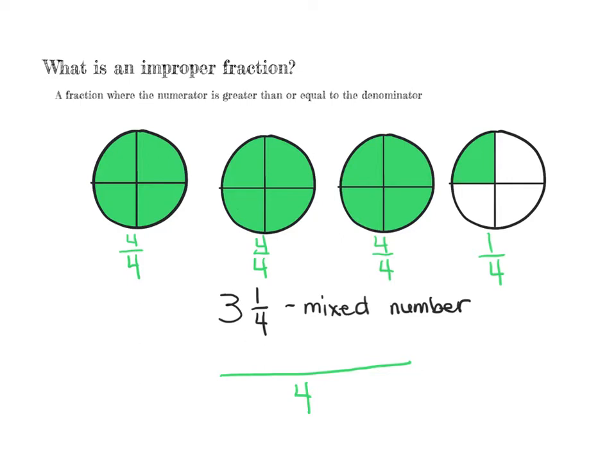And so what we are going to do is add up 4 plus 4 plus 4, plus 1. And that equals 13/4. And that's how you write an improper fraction, right? It's the sum of all of the pieces over how many pieces are in each part.